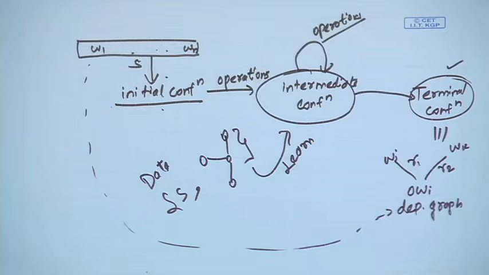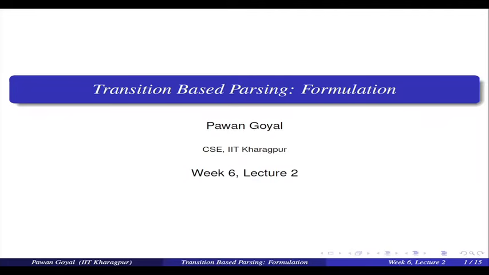And this is just a generic idea. We will see specifically how it will be used in the 2 different methods that we will cover in this course. So, the first method that we are going to cover is a transition based parsing method.